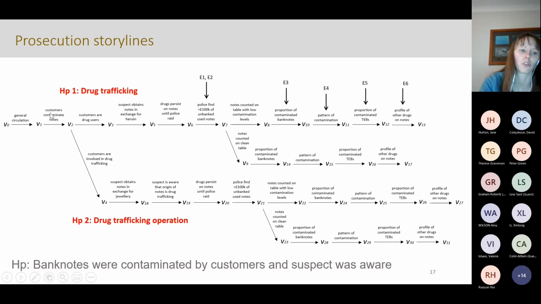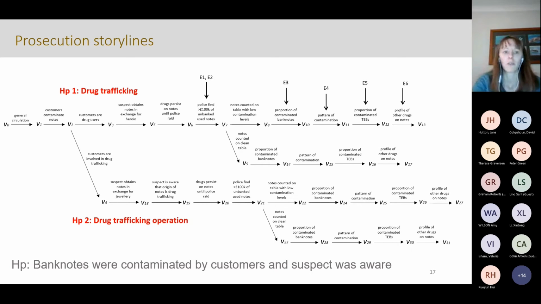Then the prosecution say that the customers contaminate the notes because they're drug users, or because the customers are involved in drug trafficking themselves. And that follows the 2 different hypotheses. In the first one, Stephen Compton sells heroin to these customers. In the second one, he sells jewelry, but he's aware that he's part of a drug trafficking operation, and he's selling jewelry to people who are involved in drug trafficking, which implies his guilt.